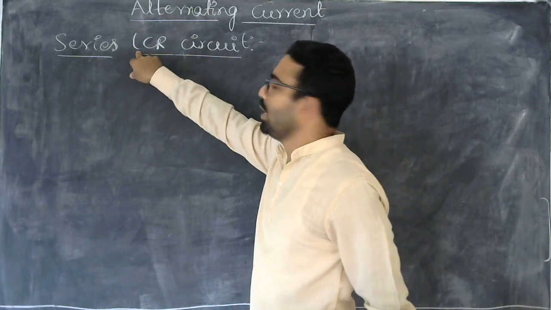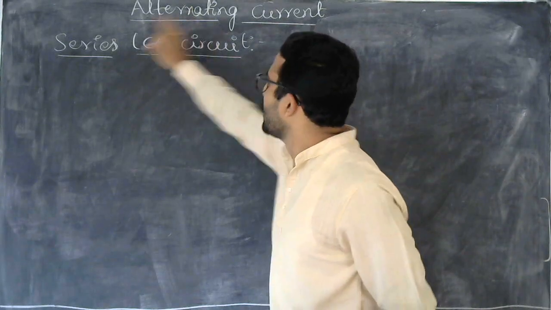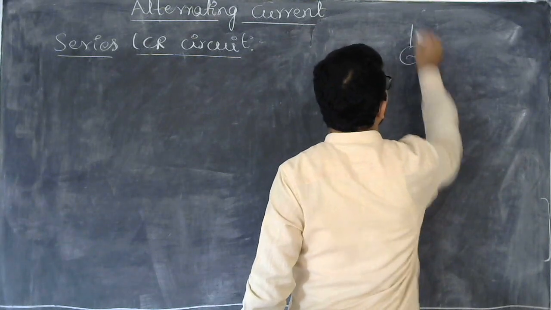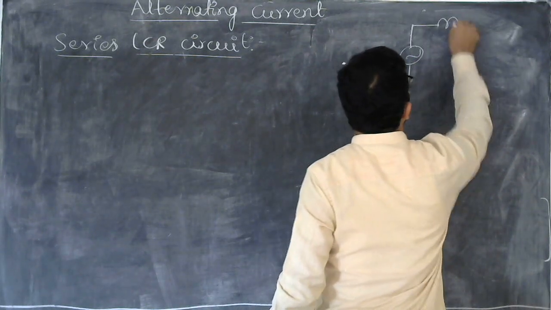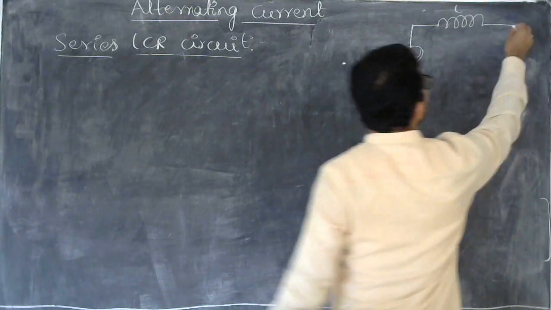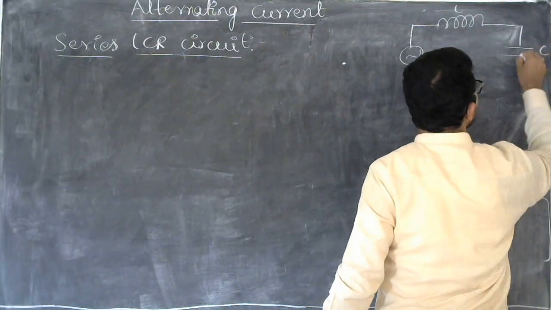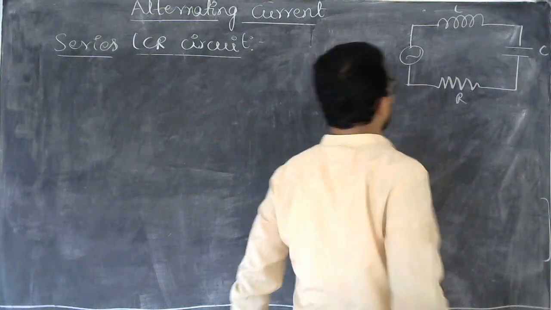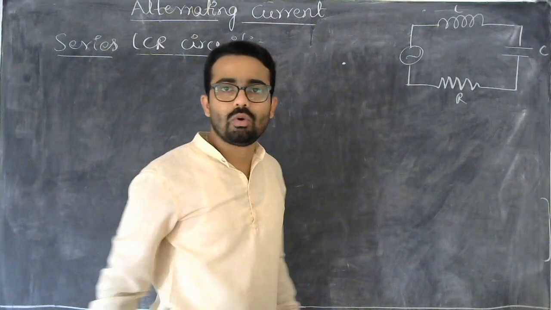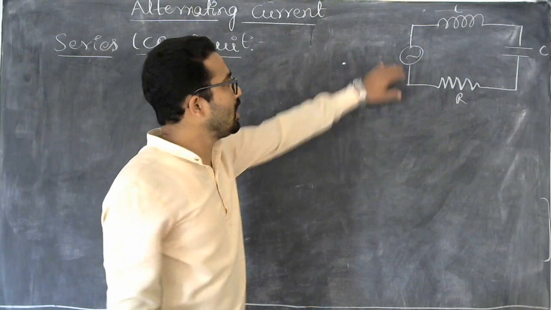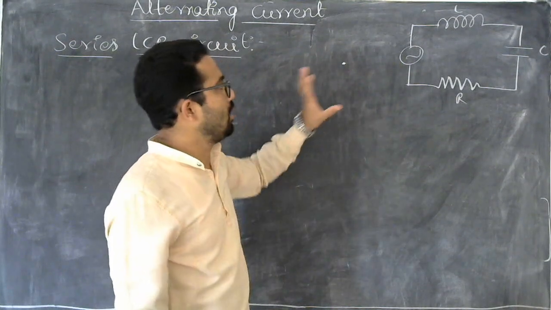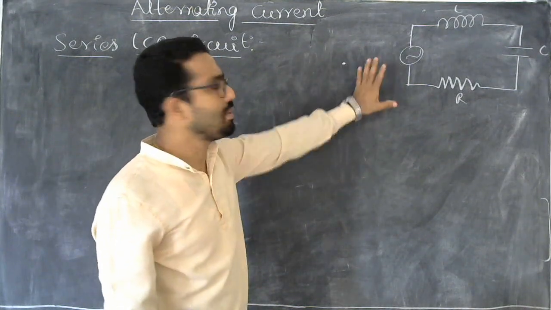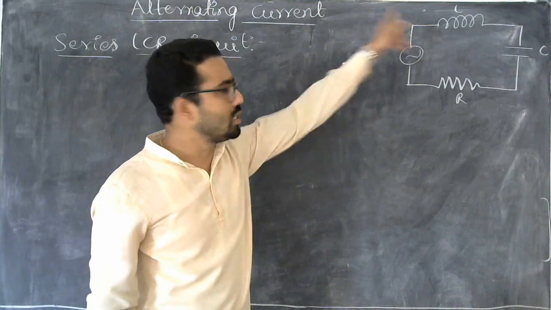We need an inductor, capacitor, and a resistor, which should be connected in series. Let's take a circuit: inductor L, capacitor C, resistor R. This is the supply voltage or AC source, which gives some voltage, and because of the potential difference, current will flow in this circuit.